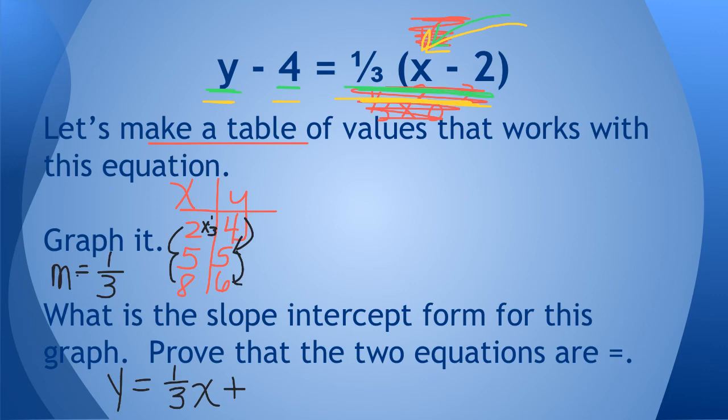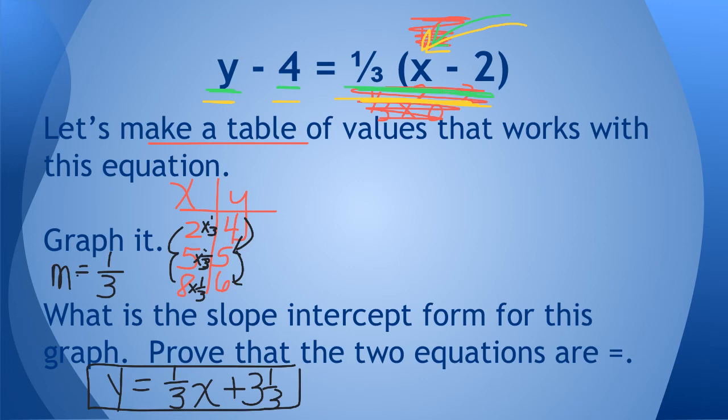I have to adjust a bit. If I take 5 times 1/3, I'm not going to get 5. I have to adjust a bit. And if I take 8 times 1/3, I don't get 6. I have to adjust a bit. And the bit that I have to adjust by is 3 1/3.